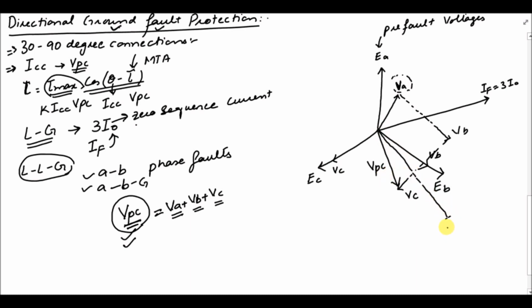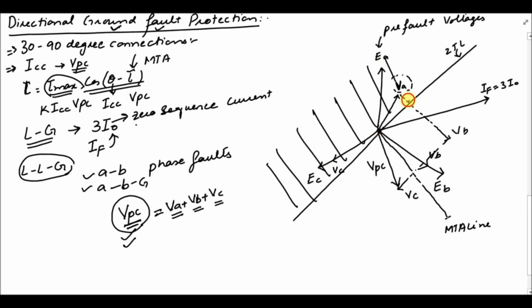This is your MTA line, and the zero torque line will be at 90 degrees from the MTA line. This is the zero torque line, this region will be the restraint region, and this is the trip region.